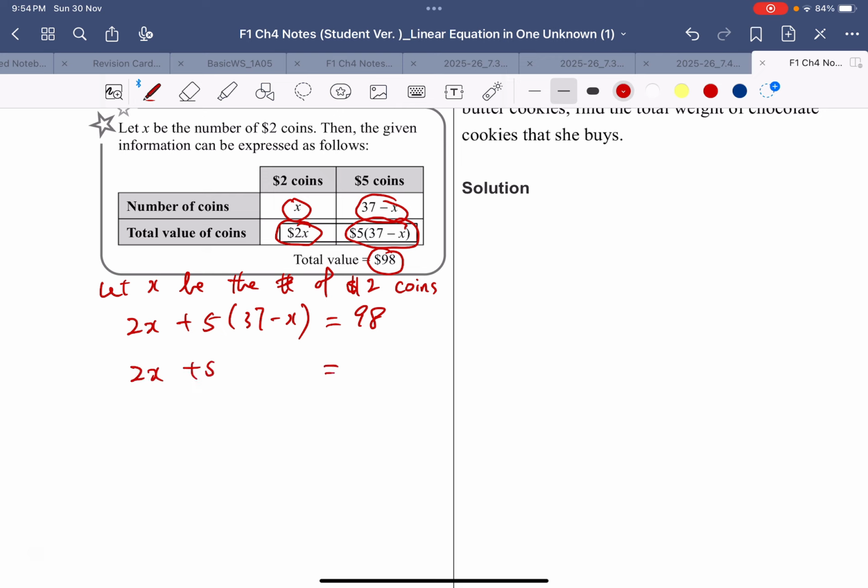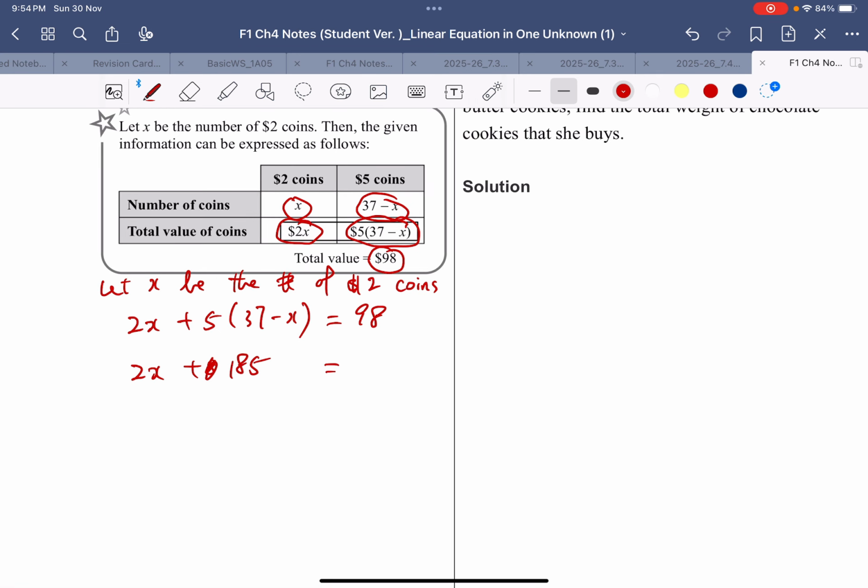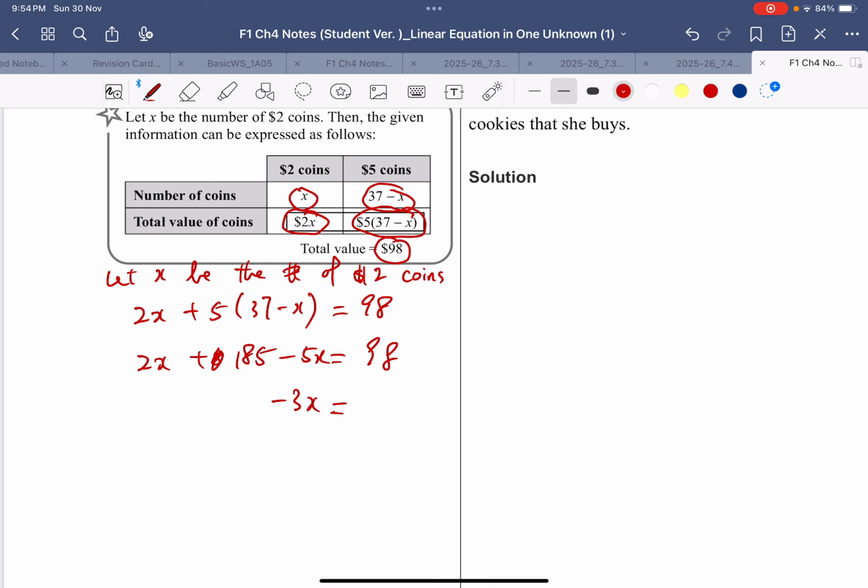Remove the bracket. What is it? 185 minus 5X here. This is negative 3X. 98 minus 185 would be equal to minus 87.